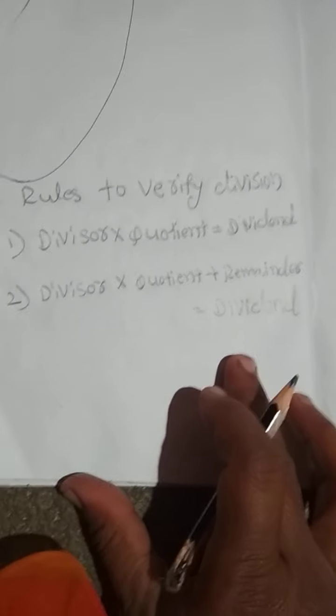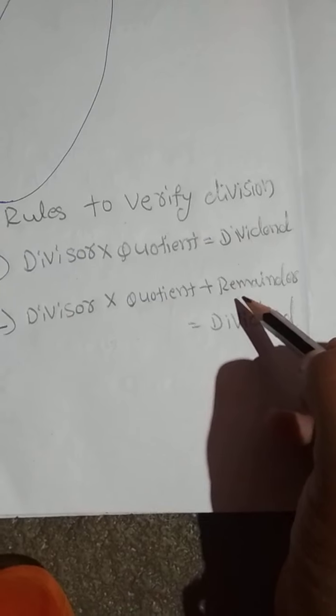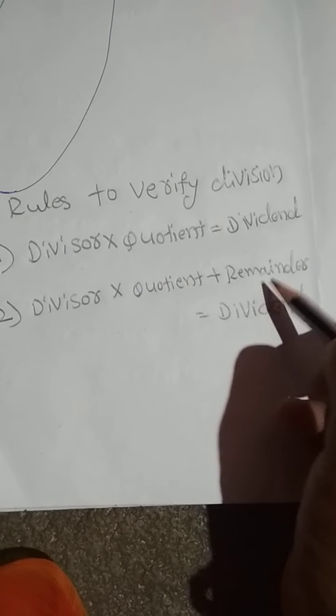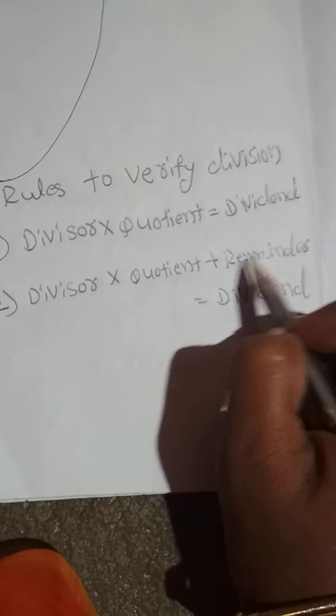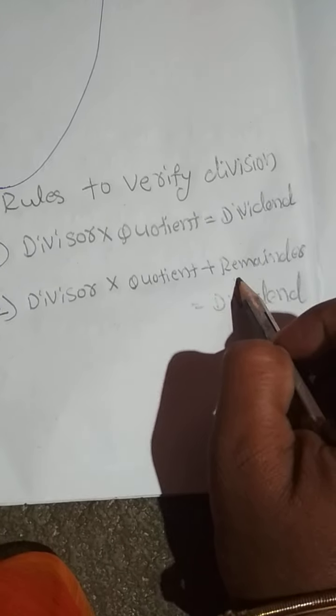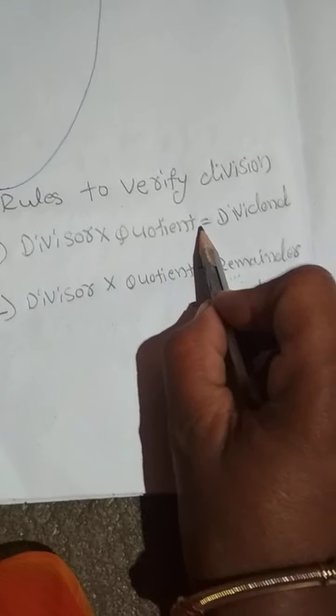Here, students, this is the formula. When a remainder is coming, you use this rule, and when a remainder is not coming, then you use the other rule.